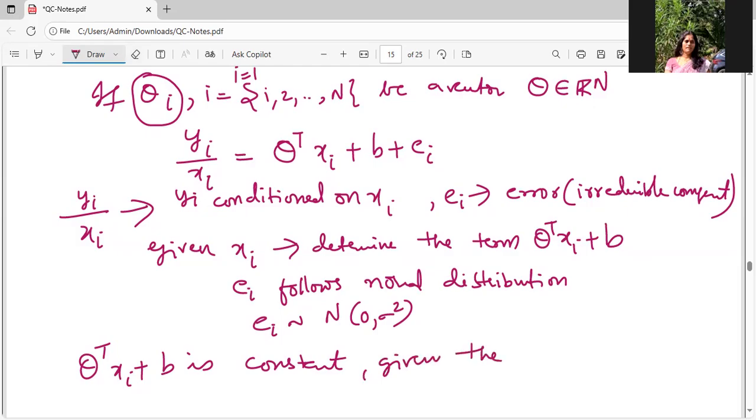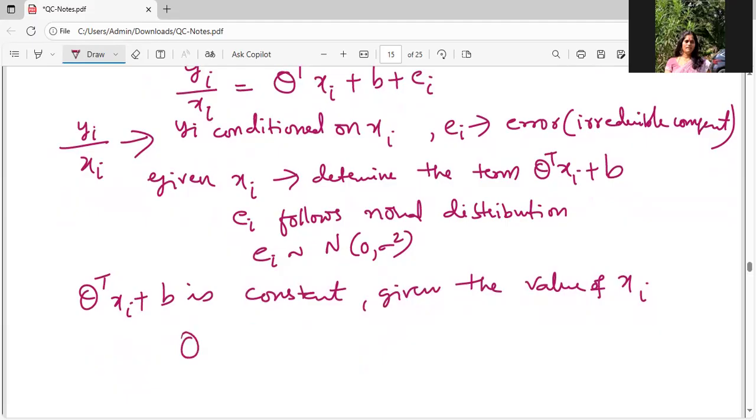So theta transpose xi plus b plus ei follows normal distribution with mean theta transpose xi plus b and variance sigma square.